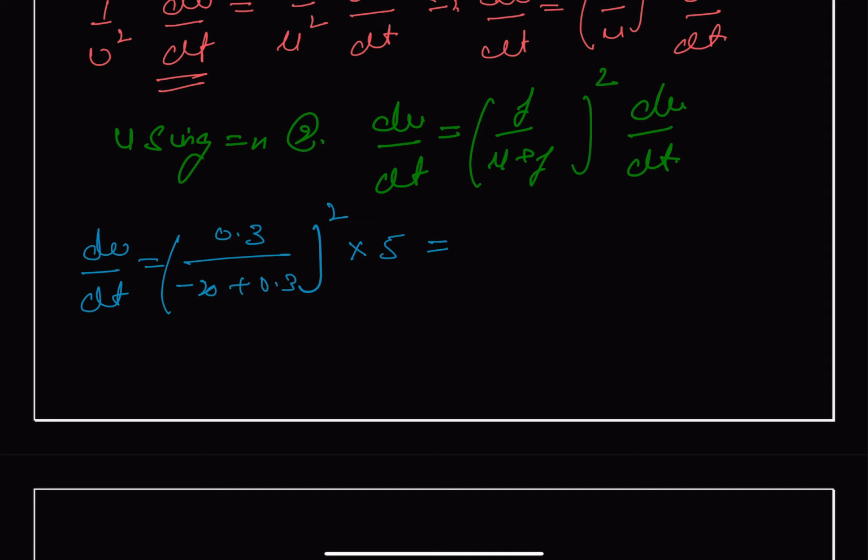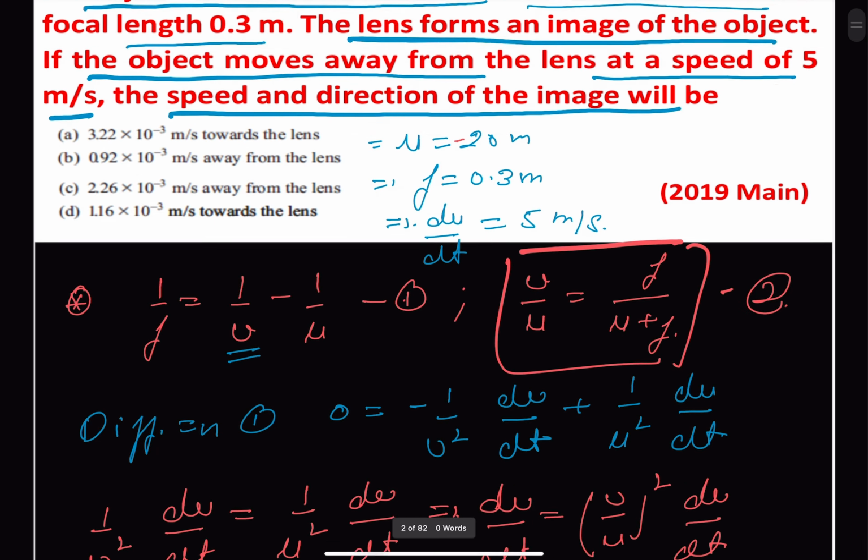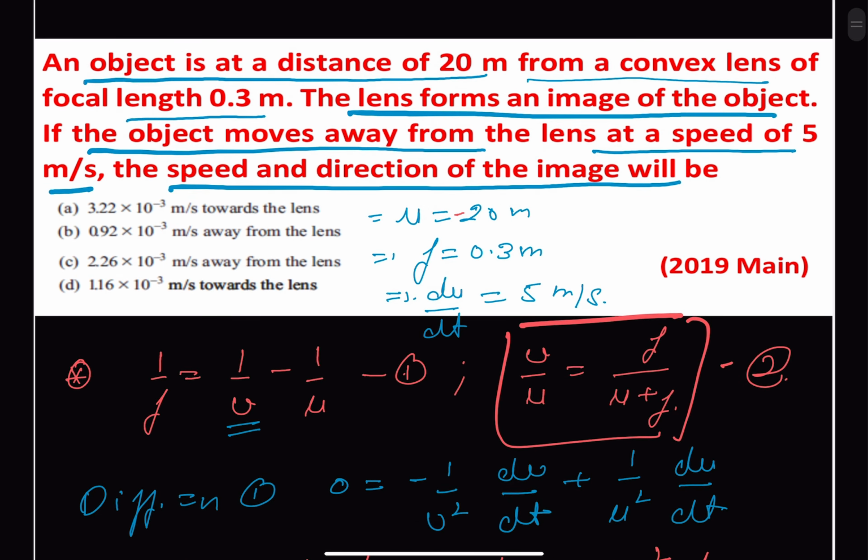And if we solve that, we can get that dv by dt will be approximately equal to 1.16 into 10 raised to the power minus 3 meter per second. And 1.16 is only 1, and it will be towards the lens.